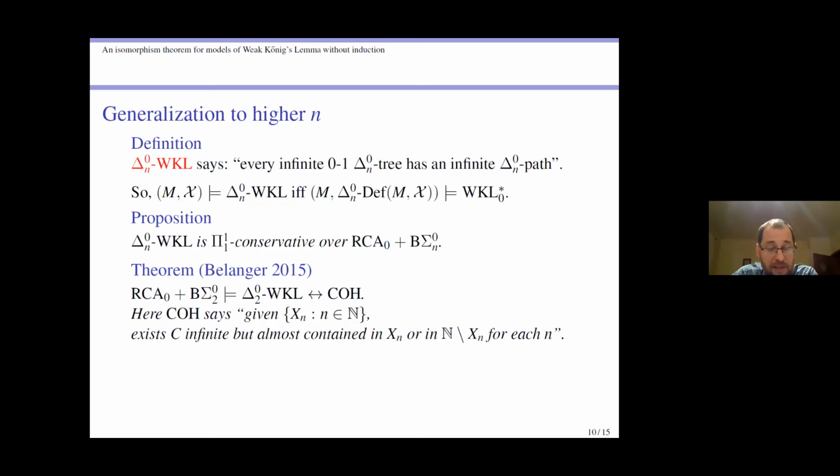What our result relativized says is that if you have two different models of Δₙ weak Kőnig's lemma and Σₙ collection, then their Δₙ closures, so to speak, their Δₙ definable universes, are going to be isomorphic if they violate Σₙ induction in both cases. Okay.